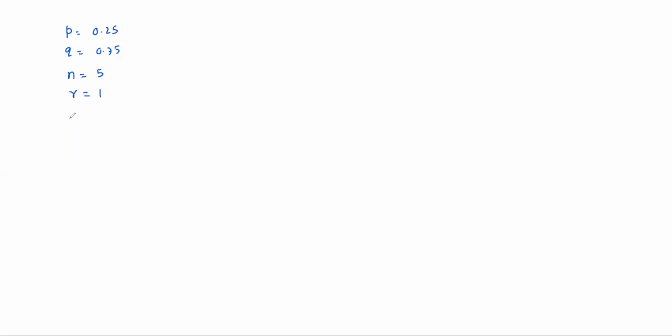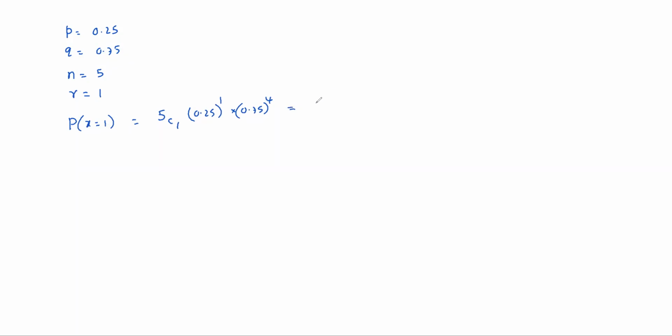Probability of x equal to 1 is nCr, 5C1 times 0.25 to the power of 1 times 0.75 to the power of 5 minus 1, which is 4.